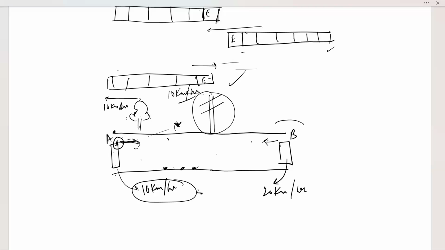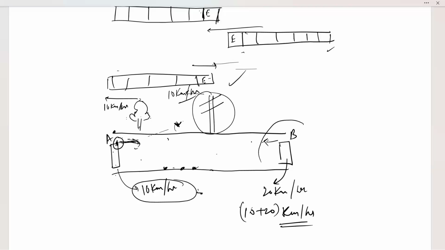And what does the mosquito see? That B is running towards A at a very high speed, and that speed is what? 10 plus 20 kilometer per hour. Why is he feeling this way?